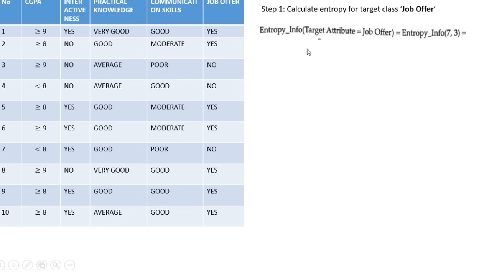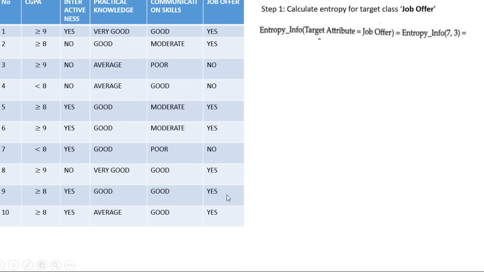The formula for calculating the entropy for the target class is Entropy_Info(target attribute is job offer). That would be equal to Entropy_Info(7,3), because 7 is the number of yeses: 1 2 3 4 5 6 7.